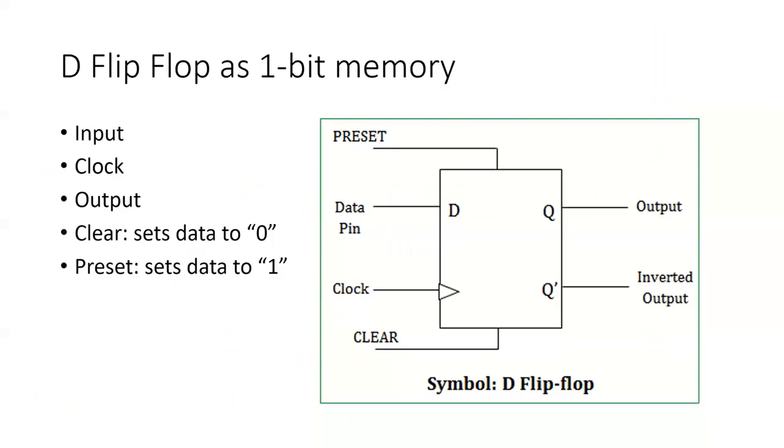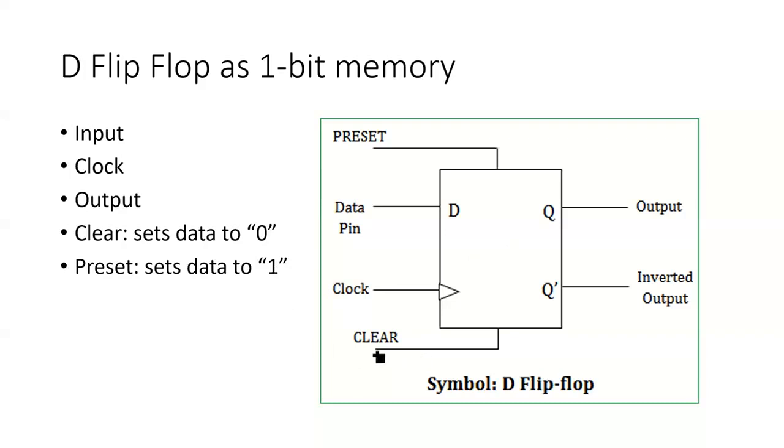Okay, now let's revise the concept of D flip-flop as a 1-bit memory. We saw this in lab 8, but I'm just going to quickly revise it. A D flip-flop can store 1-bit data. You have an input pin D and output pin Q. There's a preset which sets data to 1. So if you press the preset, whatever is the data inside will get overridden by 1.